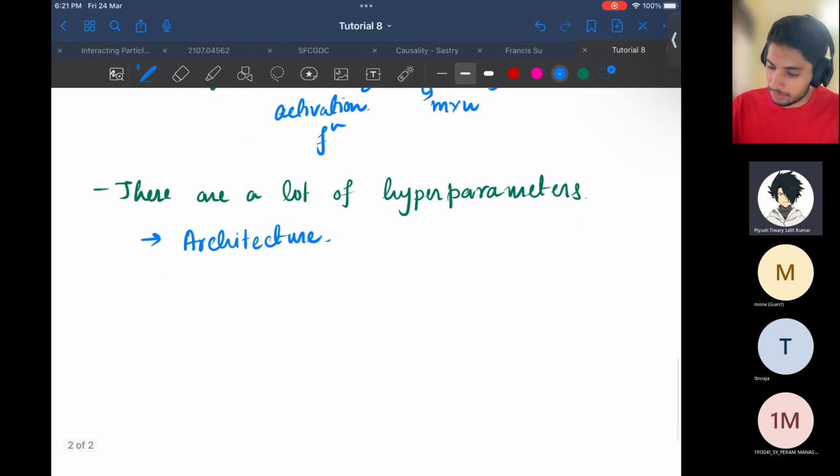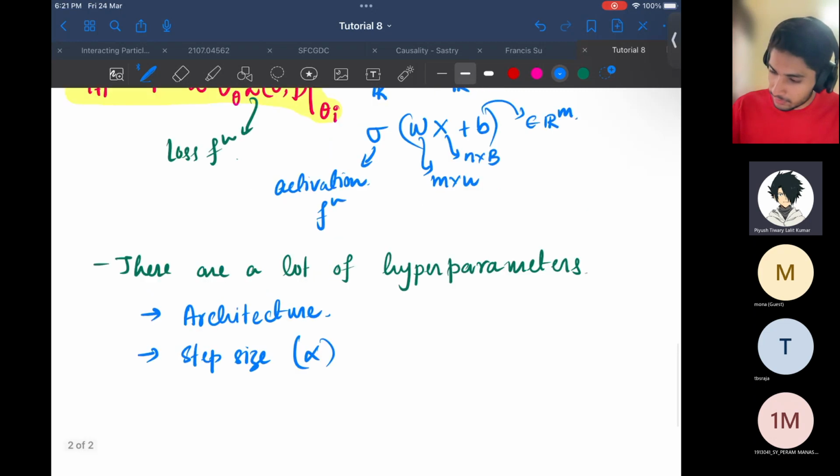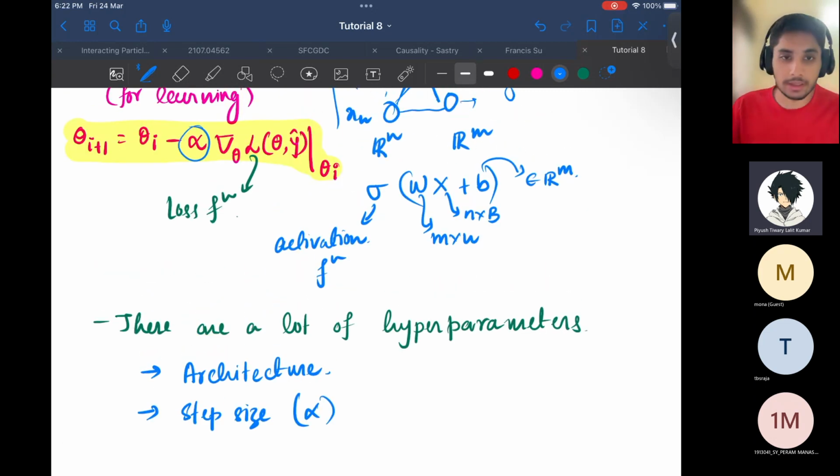Another hyperparameter could be your step size alpha, which is here, this thing.